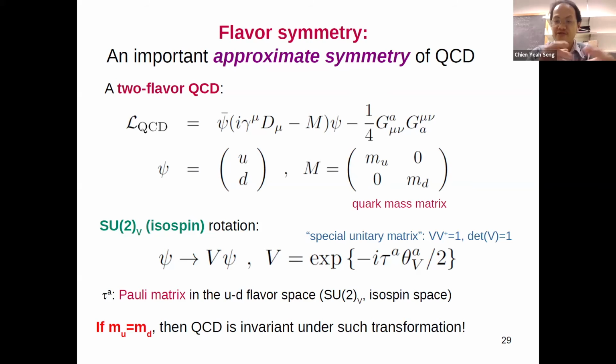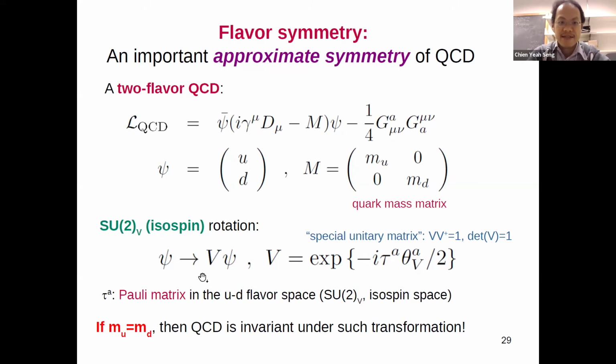There are three Pauli matrices: (0,1;1,0), (0,-i;i,0), and (1,0;0,-1). These Pauli matrices divided by 2 are the generators of the SU2 elements.